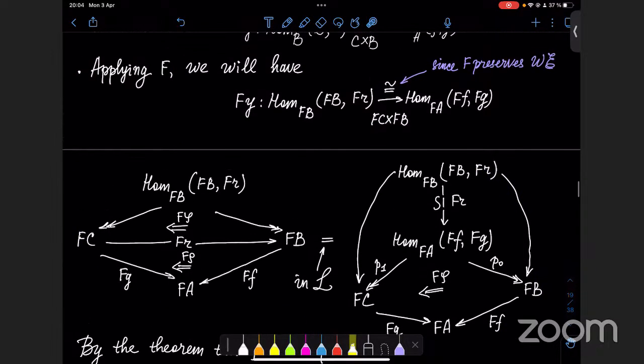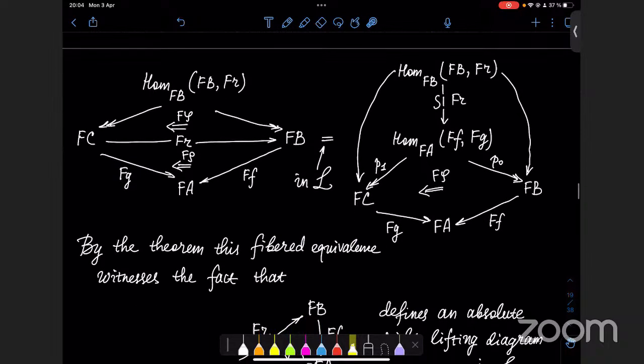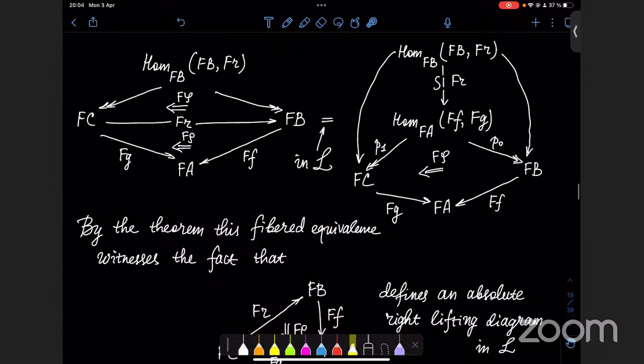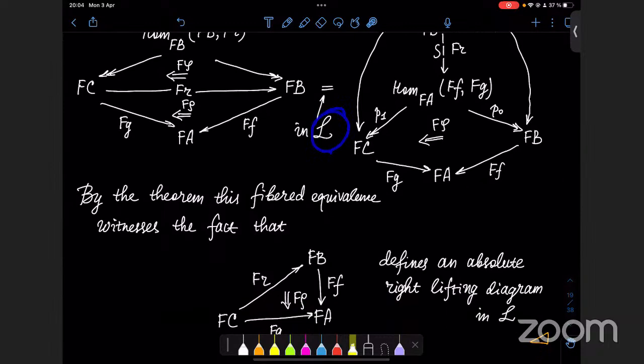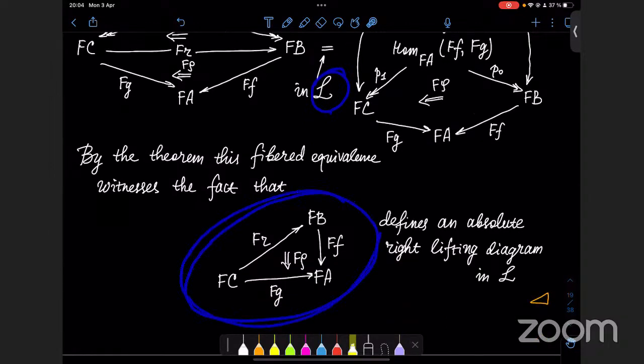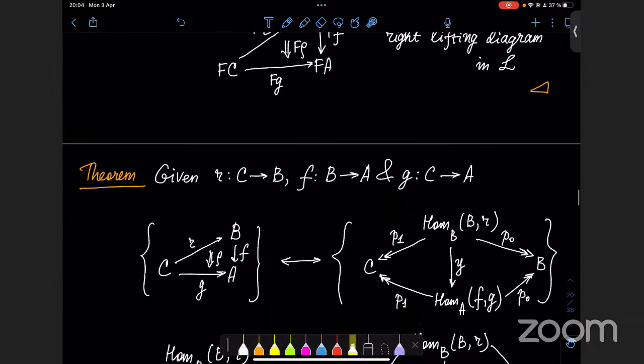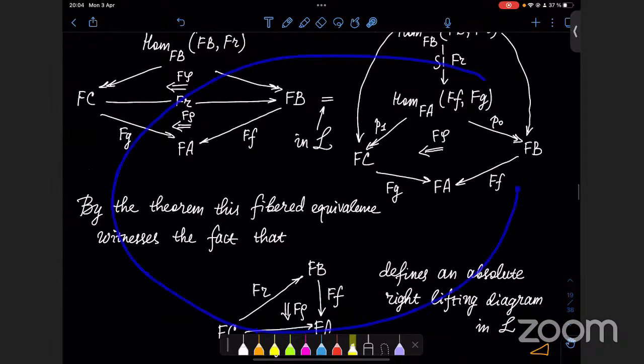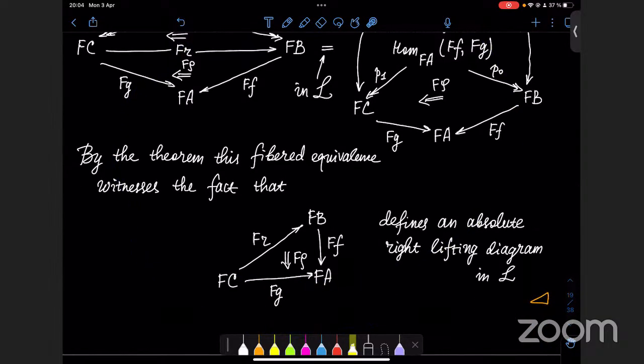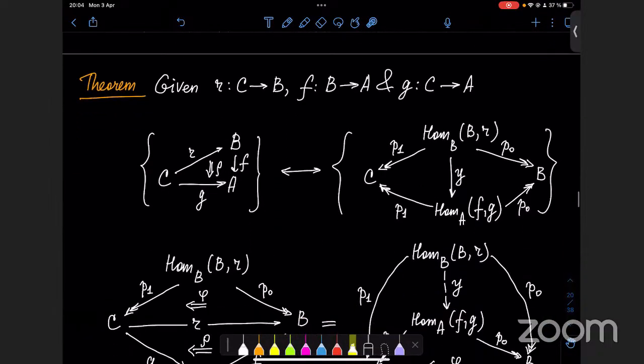So you can apply F to this diagram, and you can factorize it by means of this isomorphism, and it means that in the category L you will have the following absolute right Lifton diagram. So okay, the rest is obvious, but I decided to write it down. Okay.